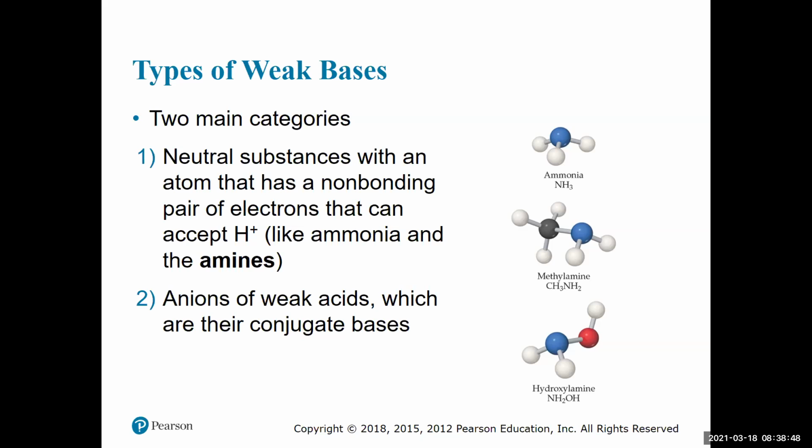Remember, we had that one table, about a week ago, that showed acid strength and base strength, where the top was strong acid and the middle was weak acid. To the right of it, we had the conjugate base, and all those weak acids had weak bases associated with them. So when we think about weak bases, they tend to fall in one of these two categories: the amine-containing organic compounds, and the conjugate bases of the weak acids.